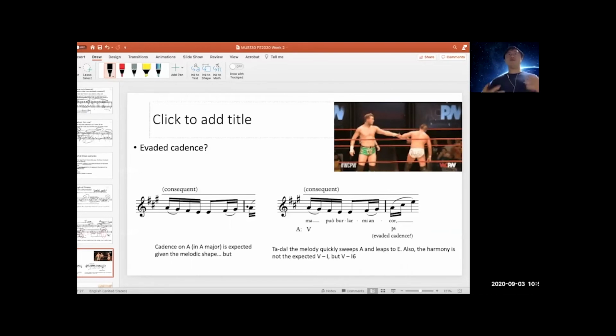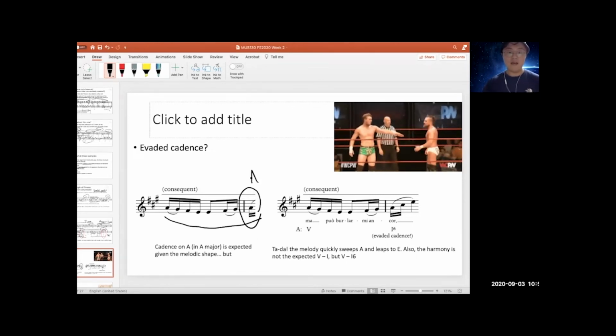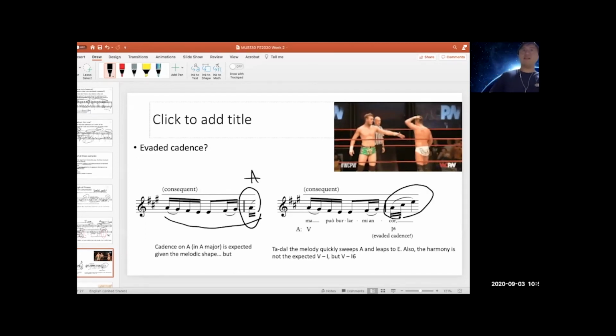It gives you the sign of cadence, but it doesn't complete that cadence. It just avoids in a very sneaky way. So as I explained earlier, this nice gesture toward melodic cadence on A is evaded by this little ascending gesture.